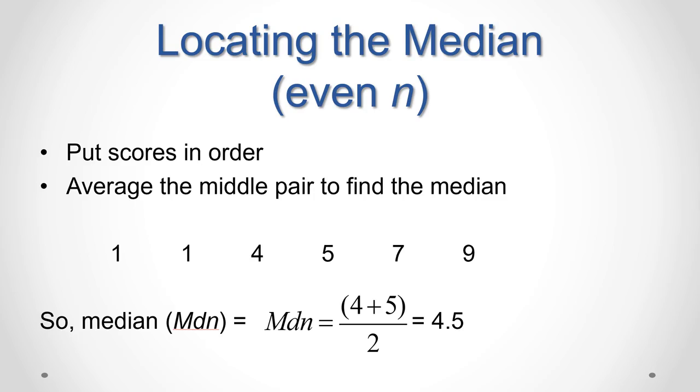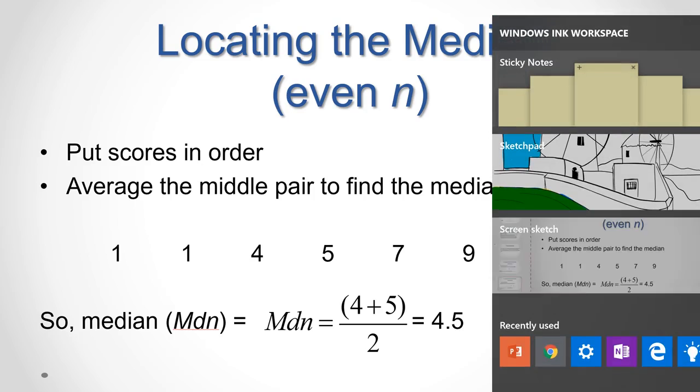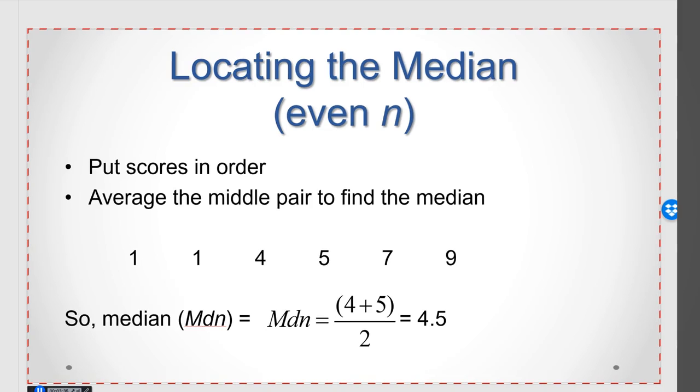And when we look at this data set, we notice that in order for us to divide this in half, we're going to have to take the average of the two middle scores, because the median is actually in between this 4 and 5.